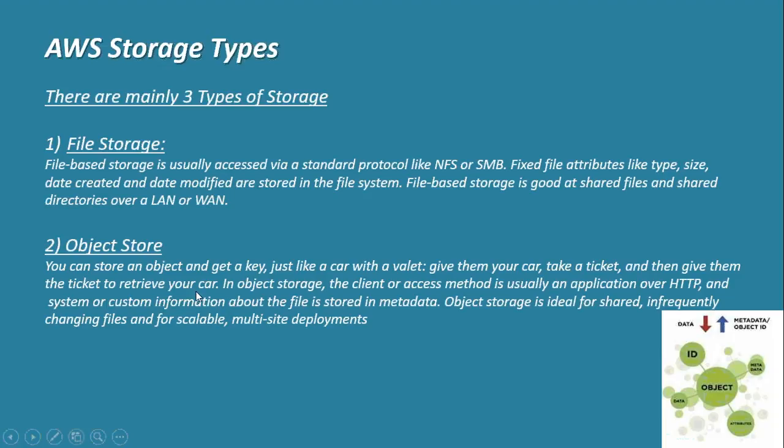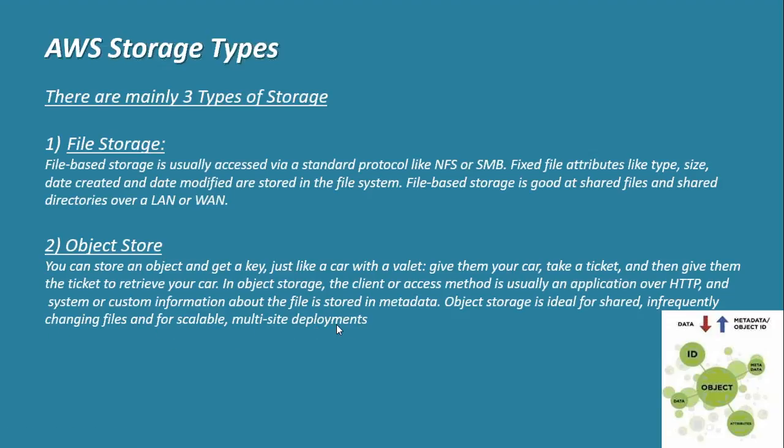In the same way, in object storage, the client or access method is usually an application over HTTP, with custom information about the stored file and information about its metadata. Object storage is ideal for shared, infrequently changing files for scalable or multi-site deployment.